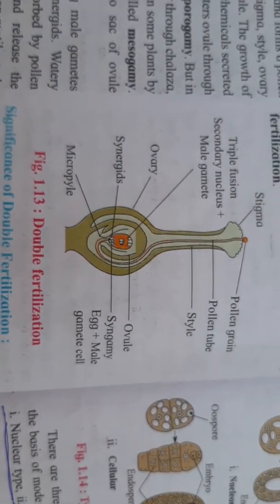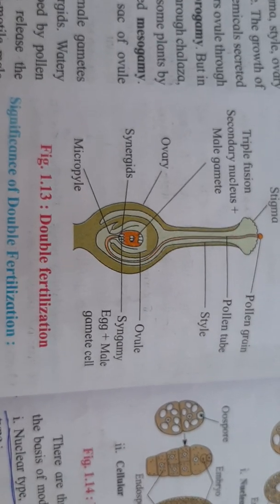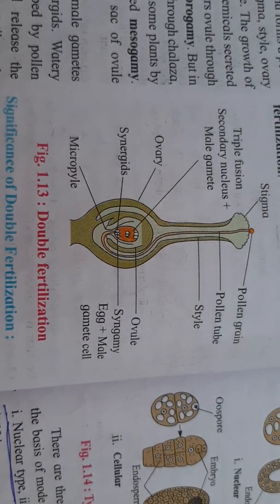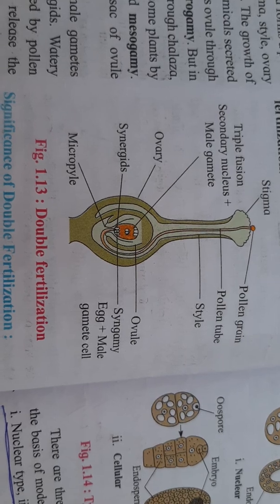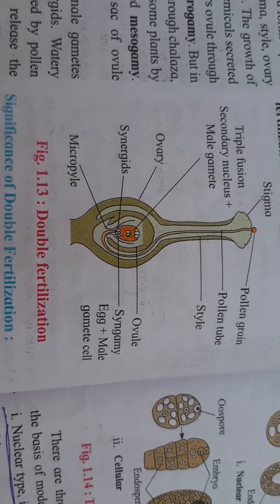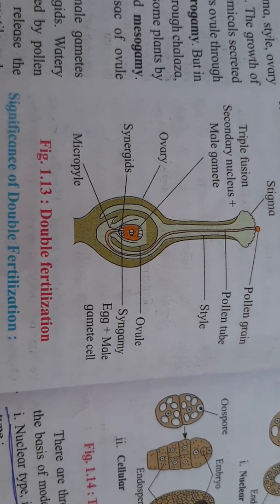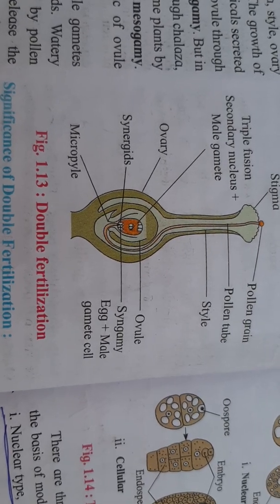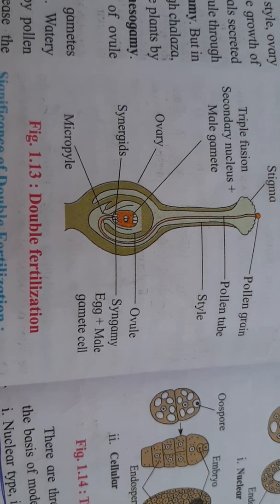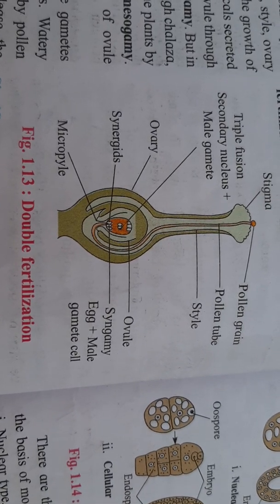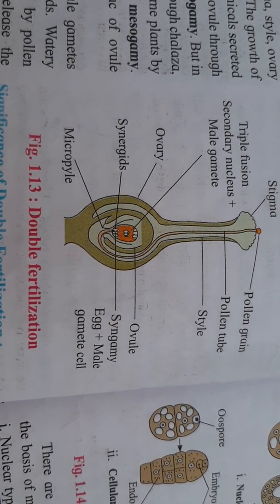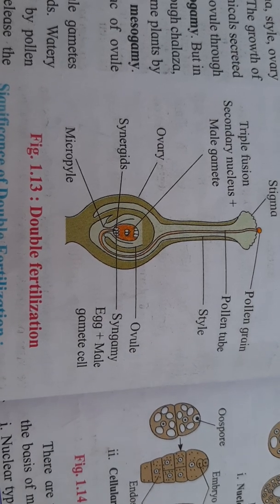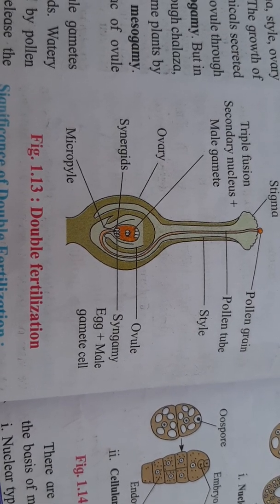To summarize, double fertilization is one of the unique features of angiosperms, and it is necessary for those plants, the dicot plants. The pollen grain releases generative cells one by one, and these two generative cells come one by one.